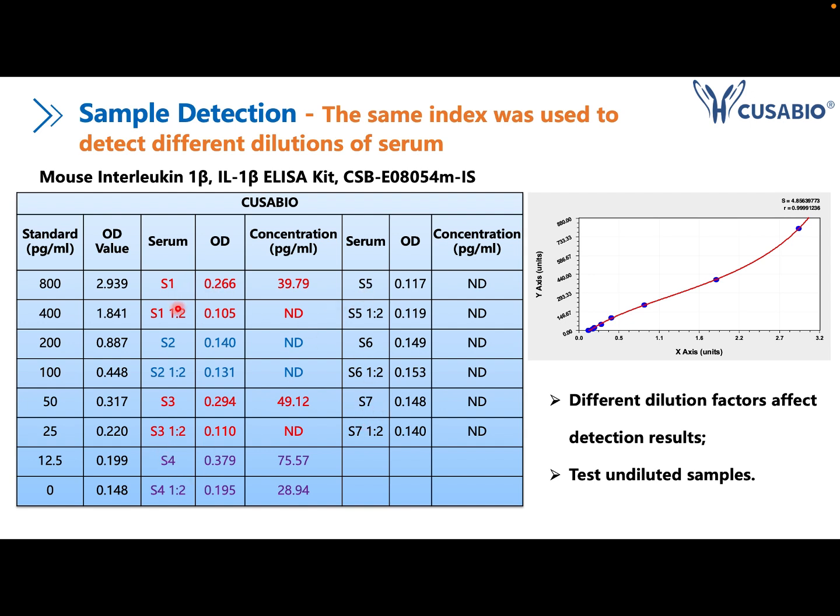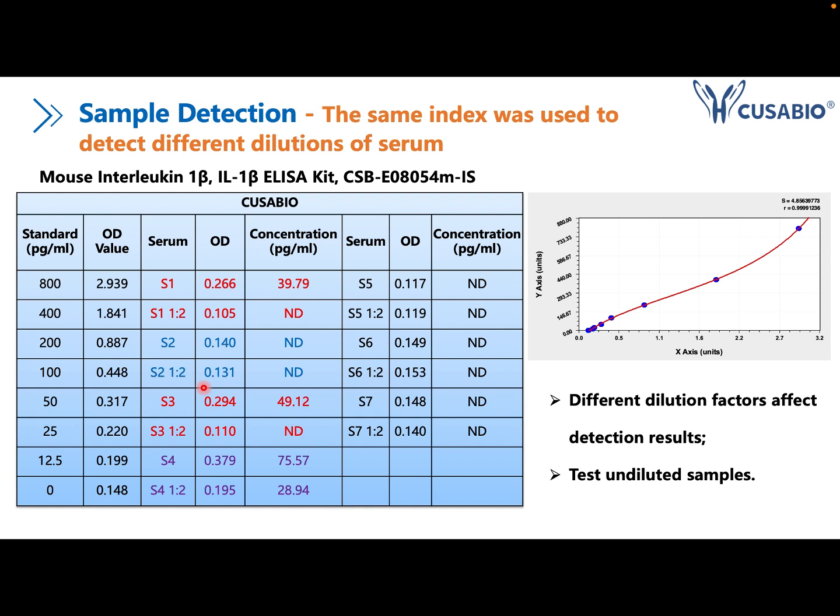And for each serum sample, we make a two-fold dilution, and then we use the same kit to make the detection. So as you see, for the S1 and S3, once we make a two-fold dilution, the concentration is undetectable. But for the S4, we do a two-fold dilution and we got a detectable concentration, but comparing to the original one, it doesn't look right.